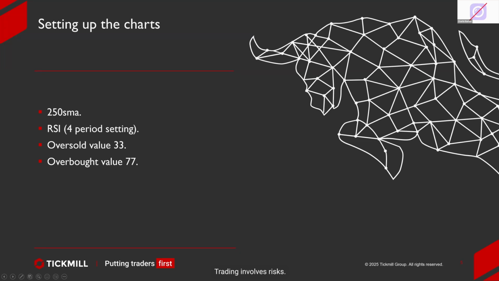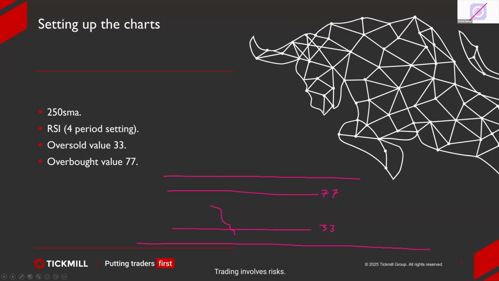If I draw on here, in my RSI window, this is 33 here, and this is 77 here. When the RSI gets below 33, that gives a buy signal, providing price is within an upwards trend, which is defined by it being above the 250 period moving average.